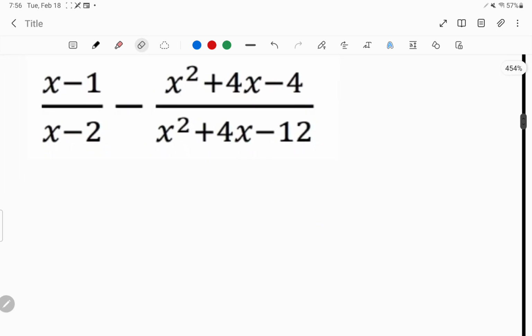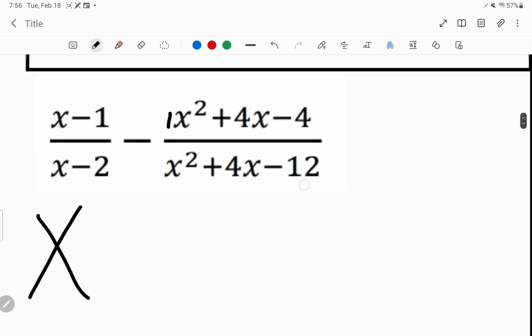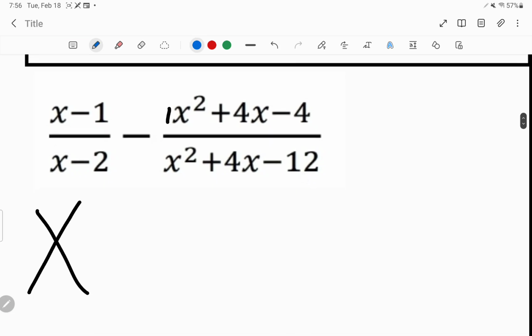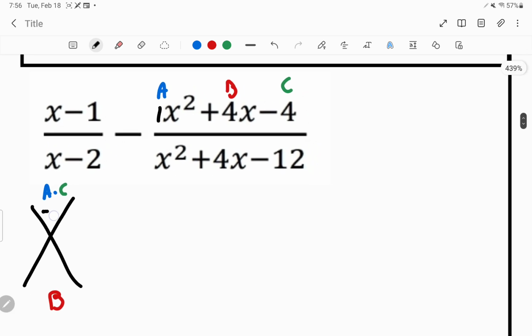Okay, let's do the first one. So it's going to be my x. I know I have a 1 in there, so it's going to be same thing. A, B, C, A times C, and then B on the bottom. 1 times negative 4 is negative 4.